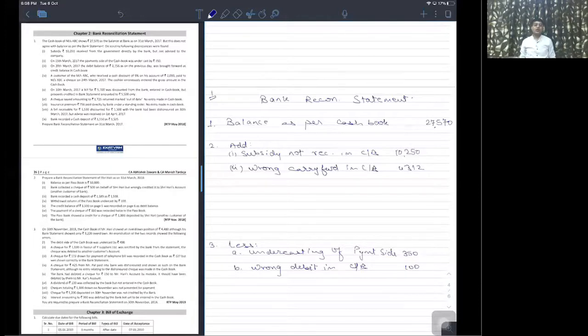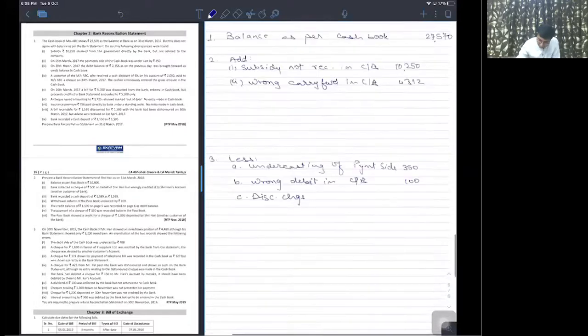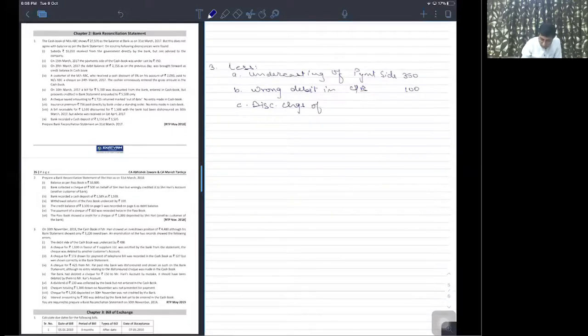Discount charges not recorded in cash book. So discount charges of bill not recorded in cash book, rupees 200. Am I right?